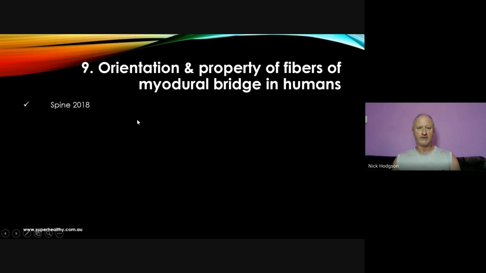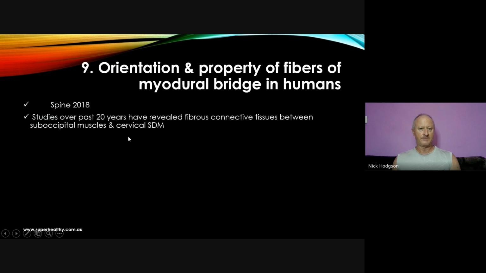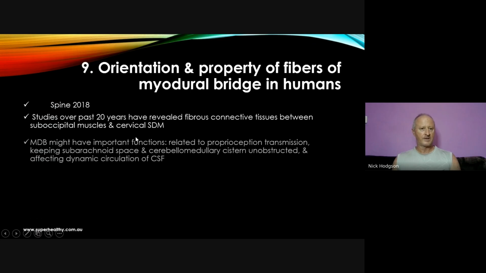Paper number 9, the orientation property of fibers of the myodural bridge in humans. So Spine 2018. So they say all of these studies over the past 20 years have revealed fibrous connective tissues between suboccipital muscles and the cervical spinal dura mater.